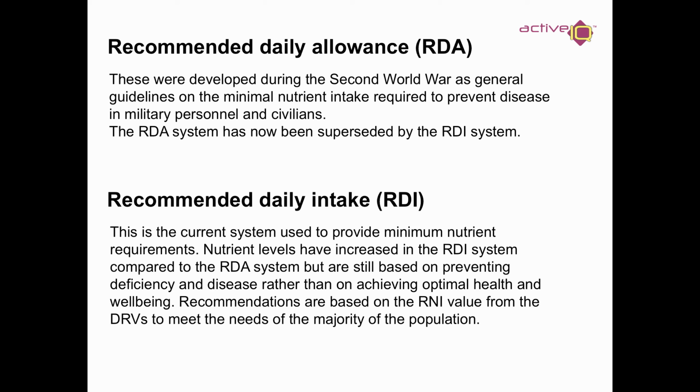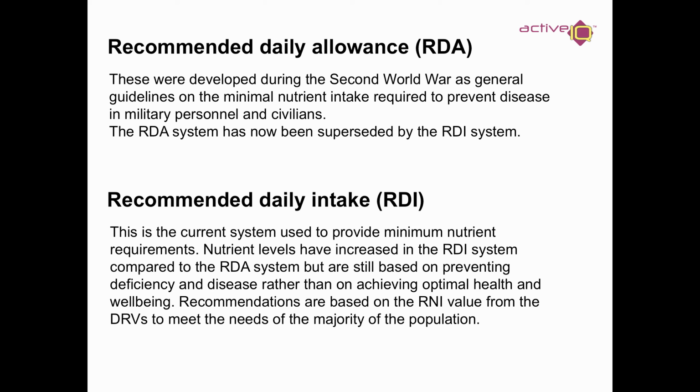But the RDIs do not take into account in any way individual needs. They're not saying, right, you're a triathlete, so you're going to up your carbohydrate intake to this. You're a sedentary person, so you need to reduce this to this. You're a bodybuilder, so protein intake will need to be here, carb intake here, and so on.